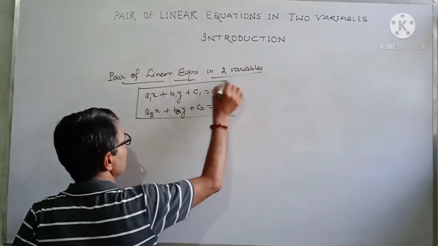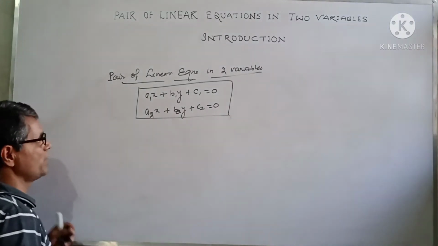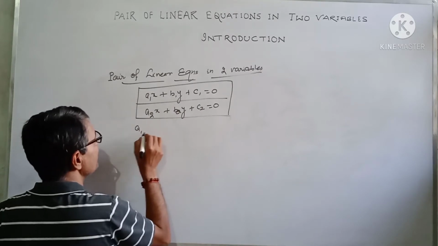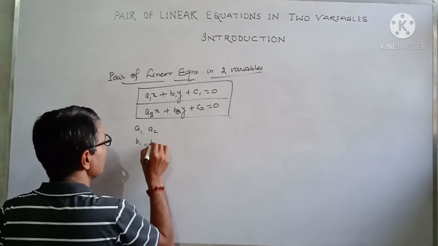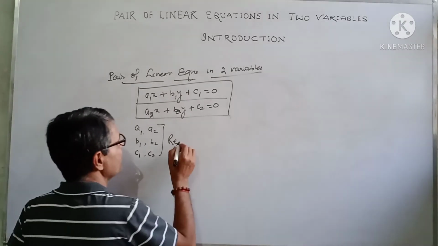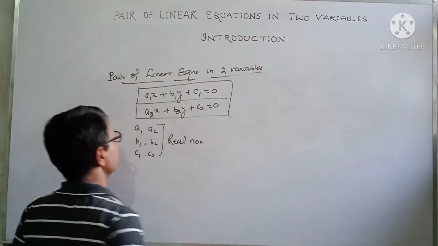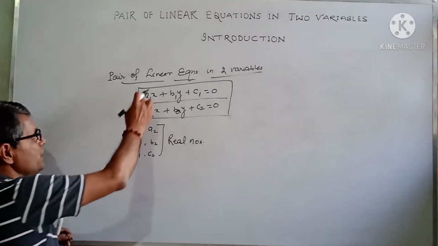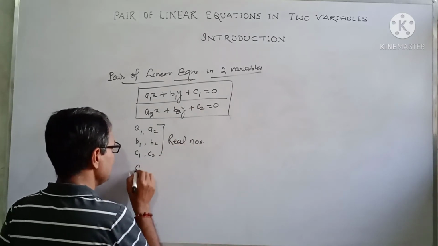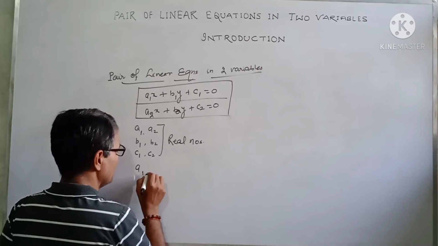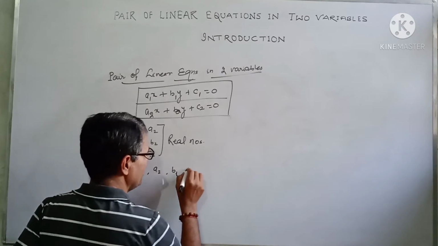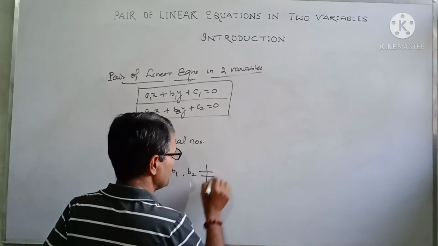This is the standard form of linear equations in two variables, where a1, a2, b1, b2, c1, c2 are all real numbers, and a1, a2, b1, b2 are not equal to 0.